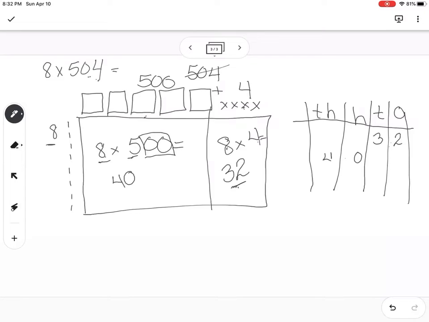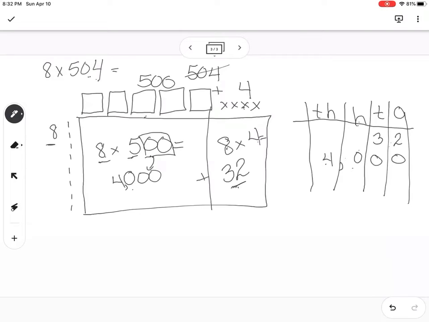So it needs to actually be 40, and then it lands in the hundreds place. 40 hundreds. That means it needs these 2 zeros on the end for the tens place and the ones place. And we have the number 4,000 for 8 times 500.